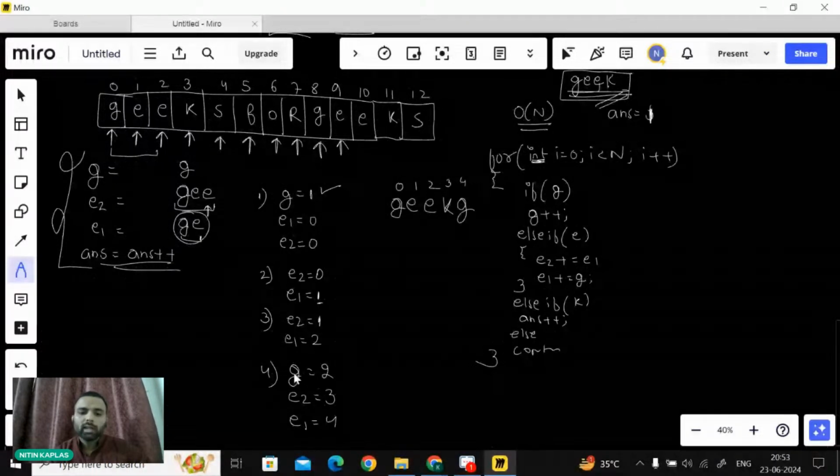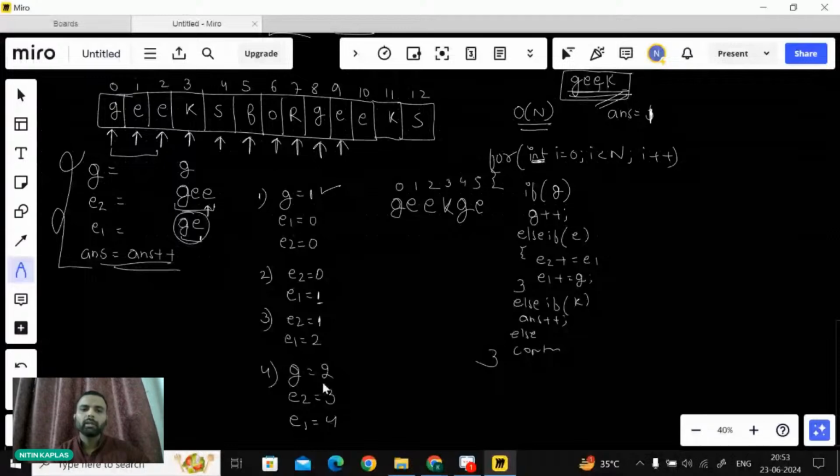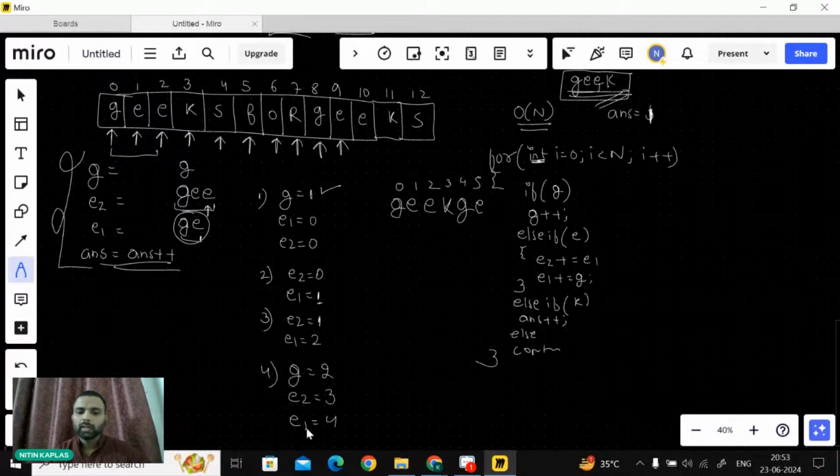Now let's understand here also what is my combination of that. So okay, G we know that it's 2. Okay, it's fine. What is E2 here? Because I want the E2. At the end of the day, I want E2. Our answer depends upon E2, but E2 depends upon E1, right? Now let's understand what's the subsequence of E2 here. So E2 is simply 0, 1, 2. That's the first case.